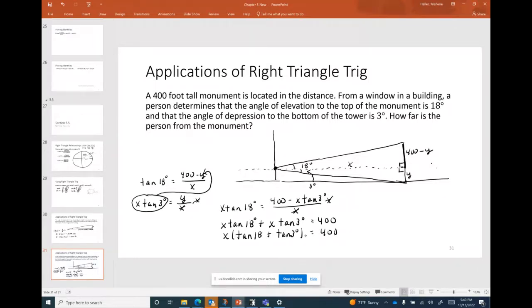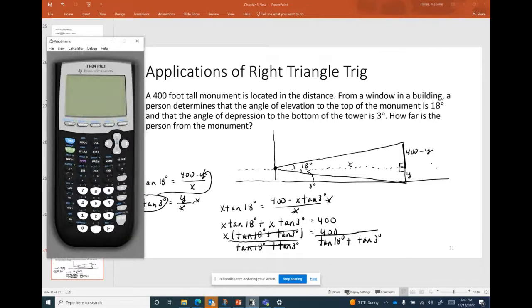And this is something that I could then divide away, and I will have an expression for x that I can put into the calculator. It's a lot of writing. Let's put that in the calculator and see what that is.